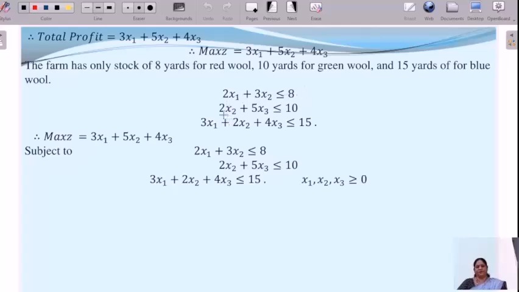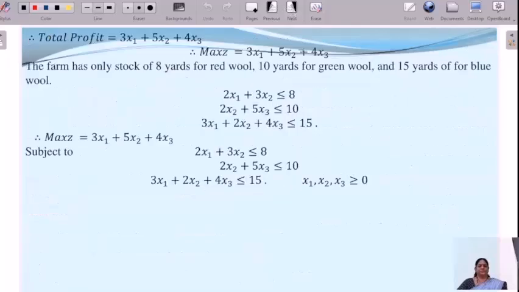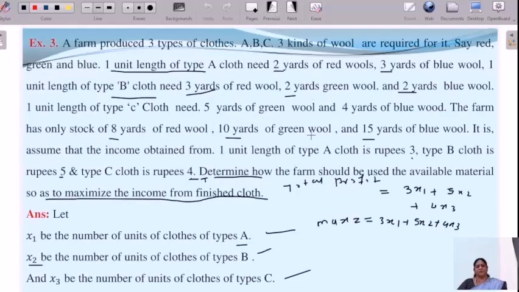and 2x2 plus 5x3 less than or equal to 10 yards of green wool and 15 yards of blue wool.